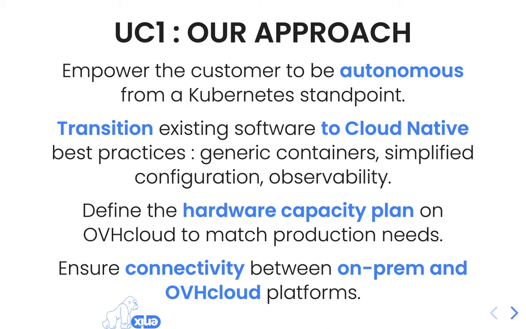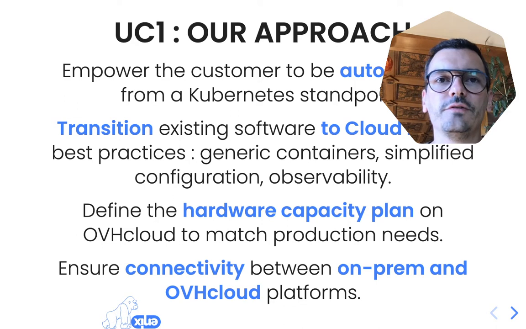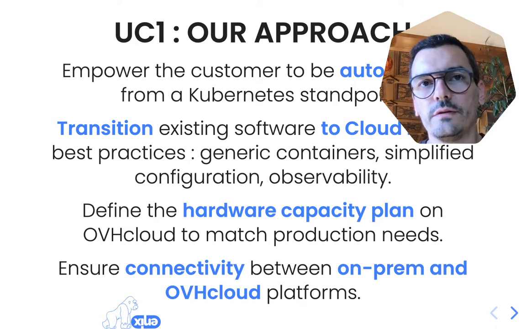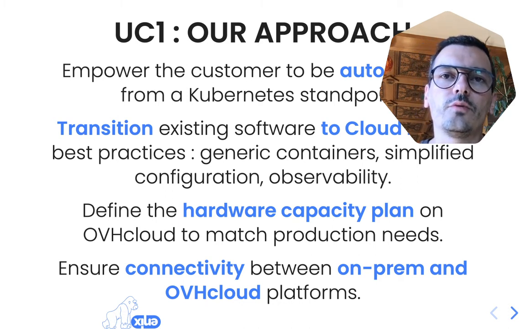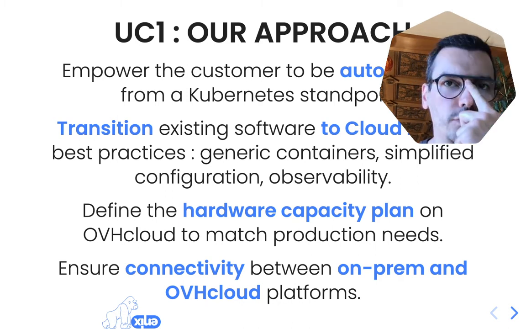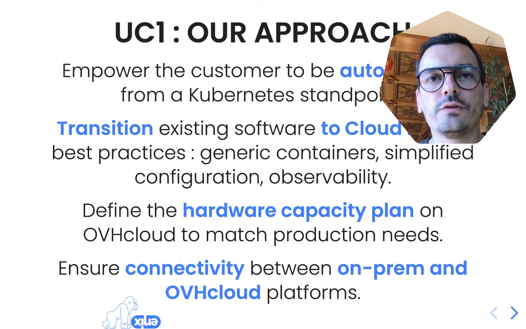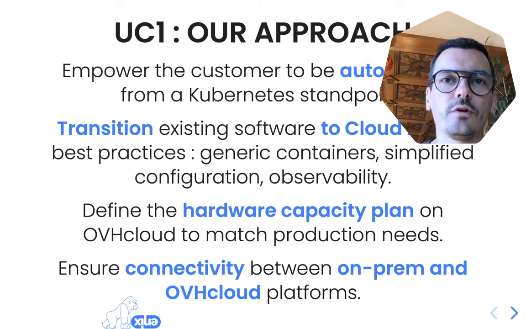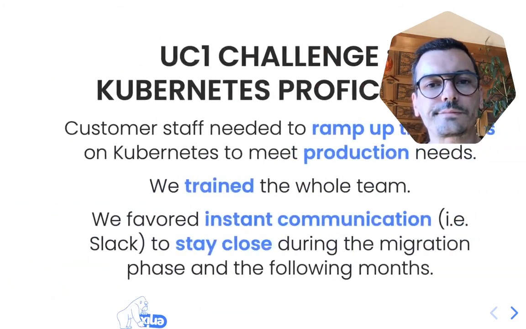The simplistic way to talk about this is to talk about generic containers, simplified configuration, and making sure that you have some observability. The third aspect was about building a hardware capacity plan, so making sure about what we would need in production on OVHcloud. And finally, ensuring the connectivity between what was stuck on premises and what was moving to the cloud.